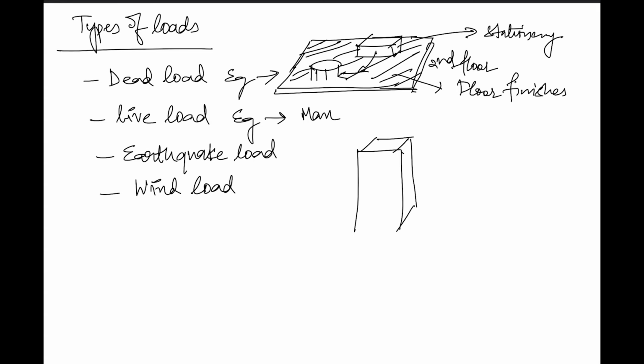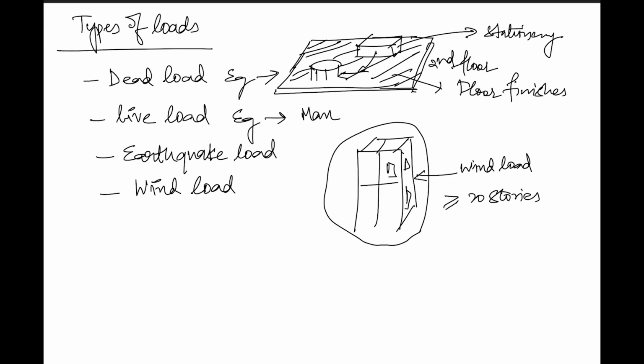Assume there's a high-rise building, maybe in Dubai, and this building is subjected to wind load. Maybe a building of more than 20 stories. This is called a high-rise building. This building needs to be designed for wind load.